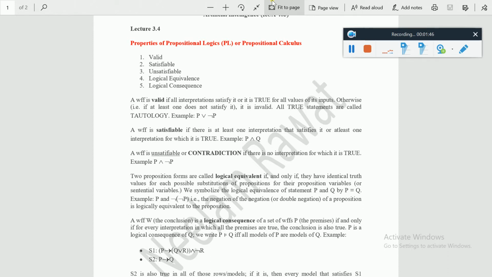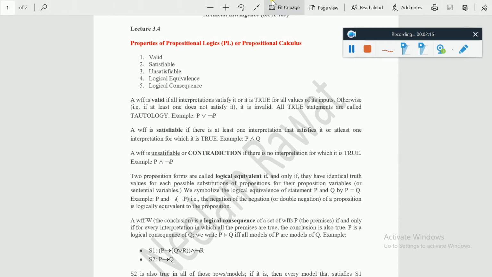Any well-formed formula is satisfiable if there is at least one interpretation that satisfies it, or at least one interpretation in which it is true. For example, P and Q: while creating the truth values of P and Q, we have at least one value which could be true. So the statement is said to be satisfiable.